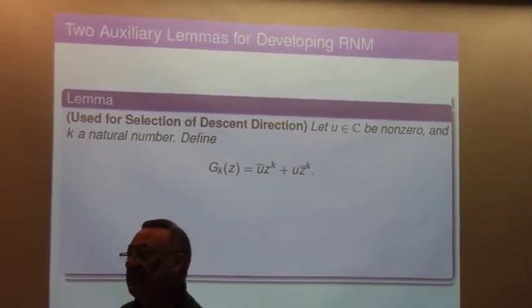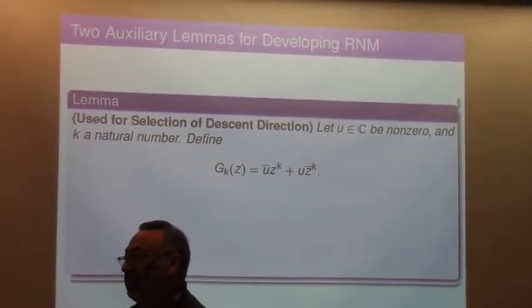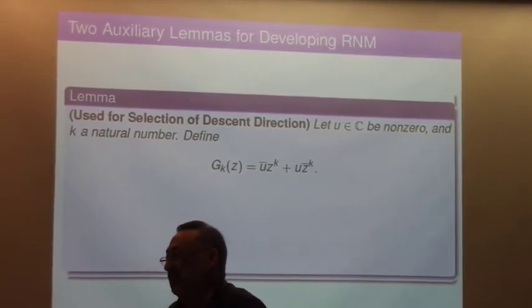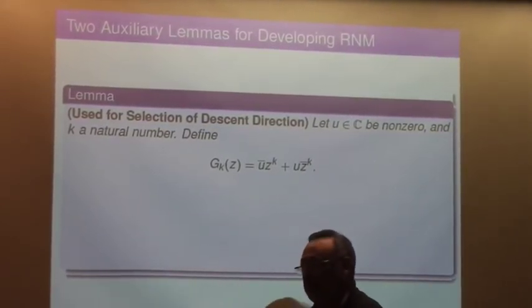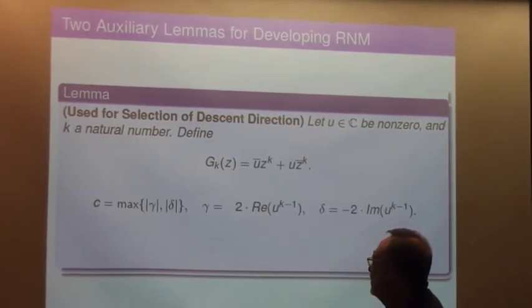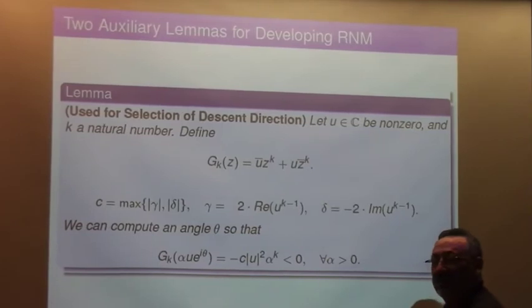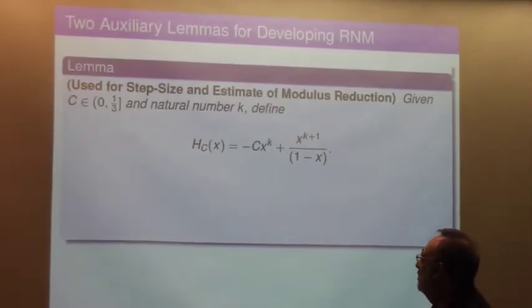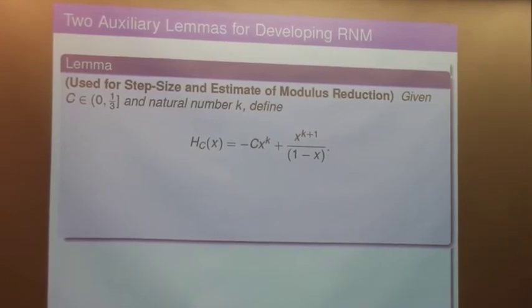One is the Geometric Modulus Principle, which was the motivation for developing this. Although this was in 2011, I hadn't thought about this application before. But it also uses these two auxiliary lemmas, which are really like calculus lemmas. The next one says you have this function.